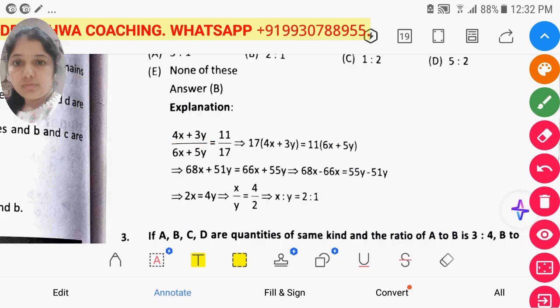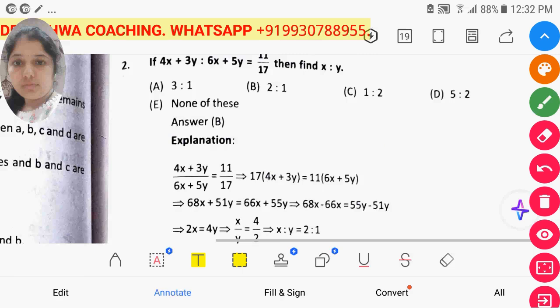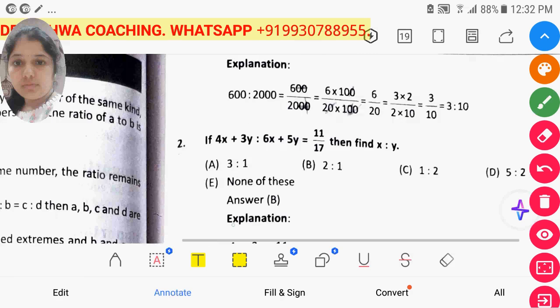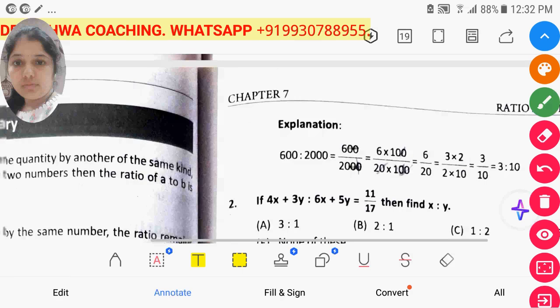Here also we had seen such a property. See the property: if the equality of two ratios, the test is there. If A is to B is equal to C is to D, then AD is equal to CB.